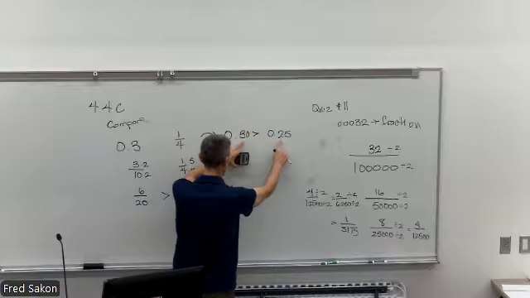Let's do number 3 on the quiz items. We're going to compare 0.75 to 29 over 40.